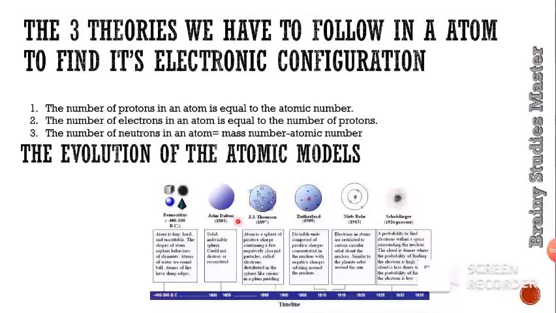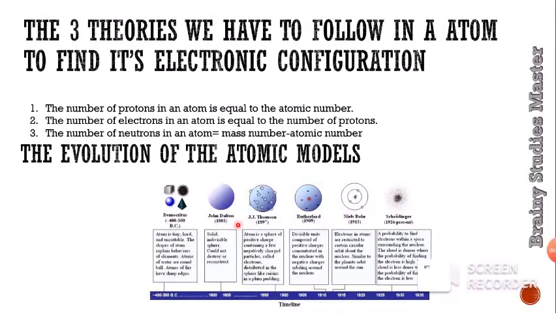Then John Dalton found that the atom is like this shape, and he said that Democritus' idea was completely wrong, and that the atom is a solid, indivisible sphere that could not be destroyed or reconstructed. Then here is J.J. Thomson.